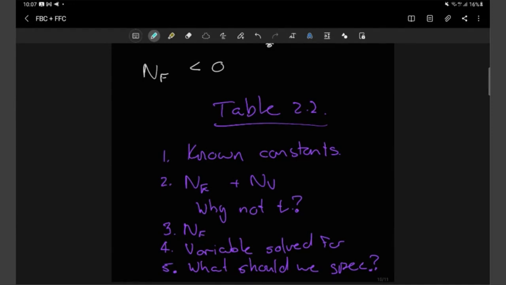Once you're satisfied that all of those constants have been listed, then we can move on and determine the number of equations that we have. So we write all our equations, and we obviously specify all our variables. Now, this is where I like to use diagrams, a schematic of the system, so they can see what comes in and what goes out, so we can specify the correct variables.